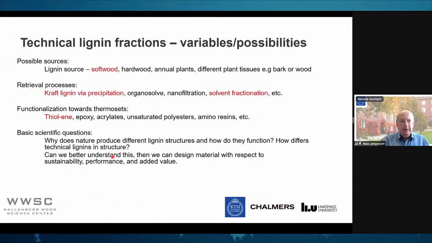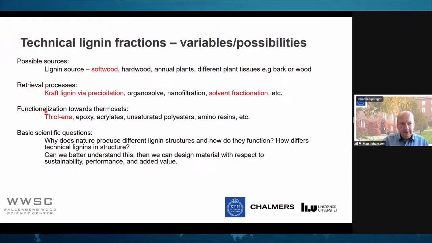So taking this further on to looking into the lignin fractions, here we have all these varieties and variables we can work with. And what we chose here was to start with softwood. We got Kraft lignin and lignosulfonate lignin, and we could employ solvent fractionation to get different fractions and utilize thiol-ene chemistry to obtain thermosets.